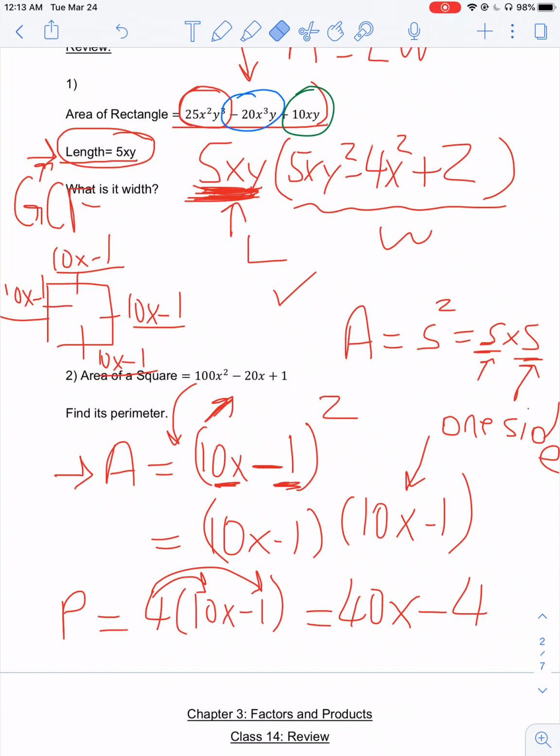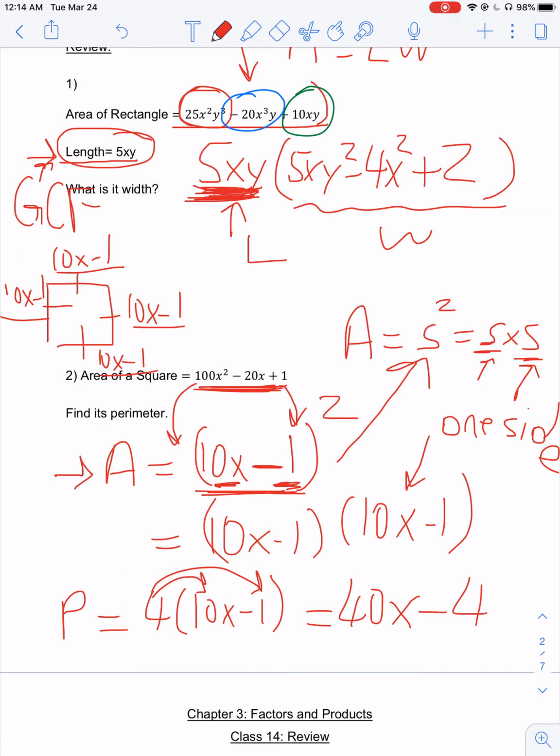Okay, so what did we do? Okay, so we had the area given to us as a trinomial. Okay, first I factored this to get the same expression, but this is more useful for me because this kind of looks like the formula which tells me how to calculate the area of a square.